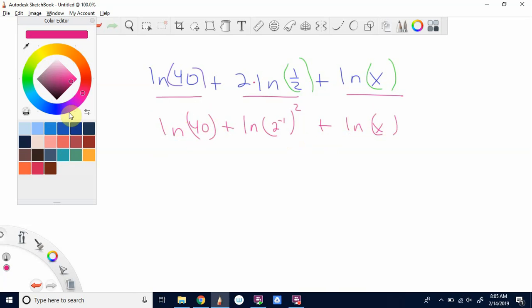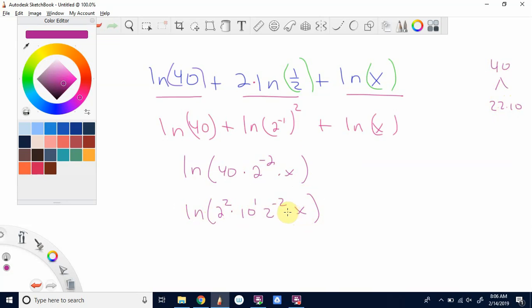Now, they're all natural logs. They all have the same base, so I can combine them into 1, which is the product rule. So I have the natural log of 40 times 2 to the negative 2 times x. Then 40, you should know, is 2 times 2 times 10. And I'm just using simple math.